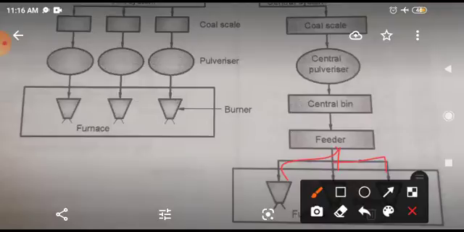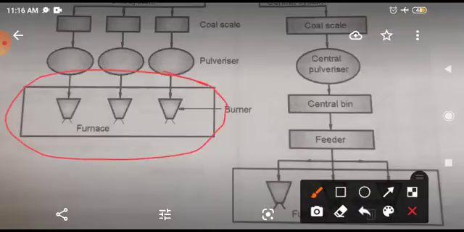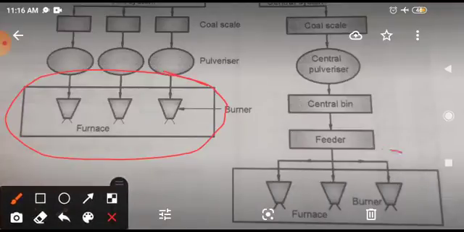The basic difference you can see is this: here each burner gets the coal from a separate pulverizer, and here in the central pulverizer system, each burner receives the pulverized coal from a single pulverizer.